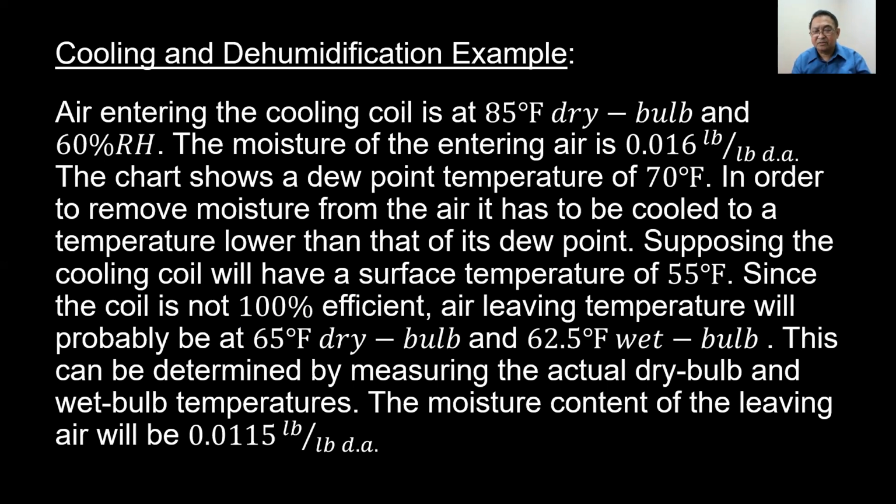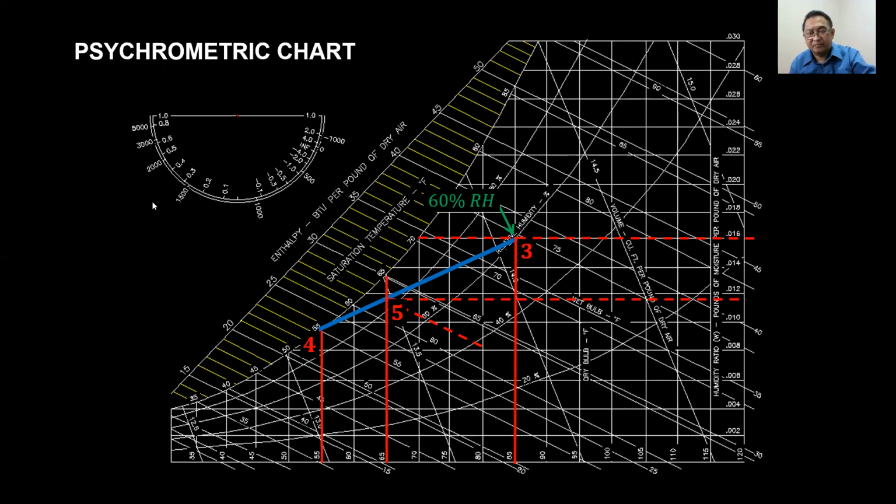And the moisture content of the leaving air will be 0.0115 pounds per pound of dry air. So this condition can be confirmed by measuring the air at point 5, air leaving the coil, using a sling psychrometer. So I measure the dry bulb and the wet bulb, and you can determine this point.